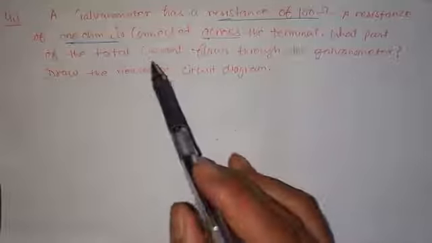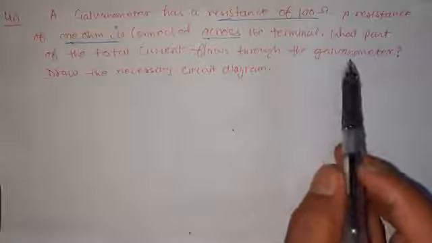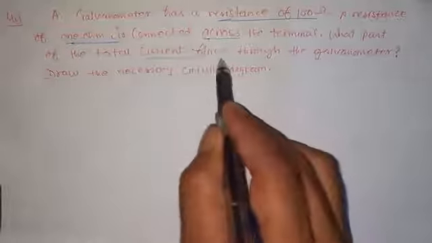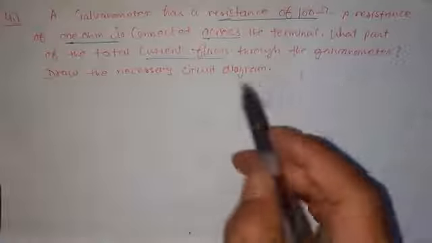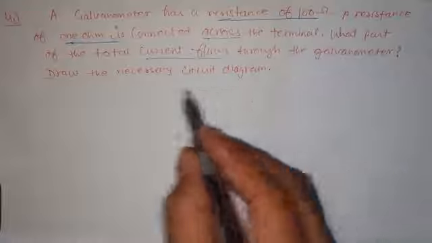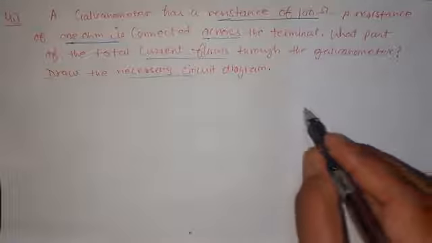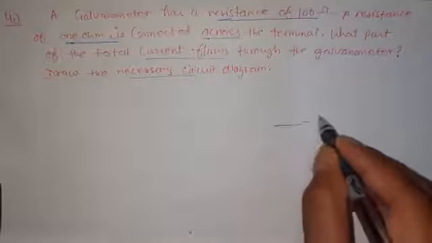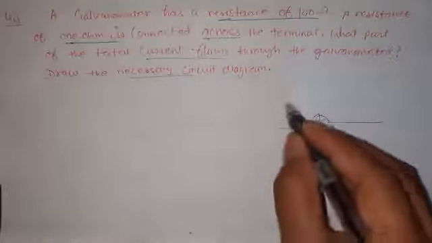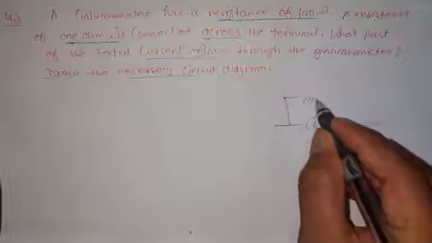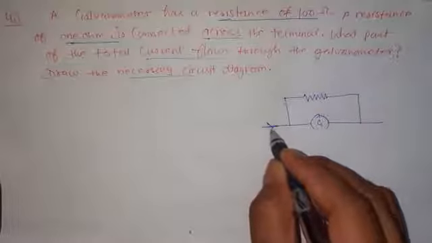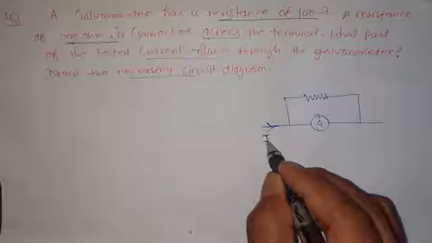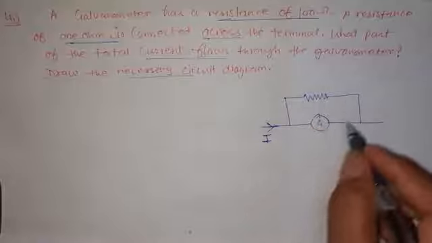What part of the total current flows through the galvanometer? Okay, so we have to find out the current which is passing through the galvanometer, and draw the necessary circuit diagram. So there it is: the galvanometer is given to us, and here is the low resistance which is connected across its terminals. This is the current for which this is the range of the ammeter.